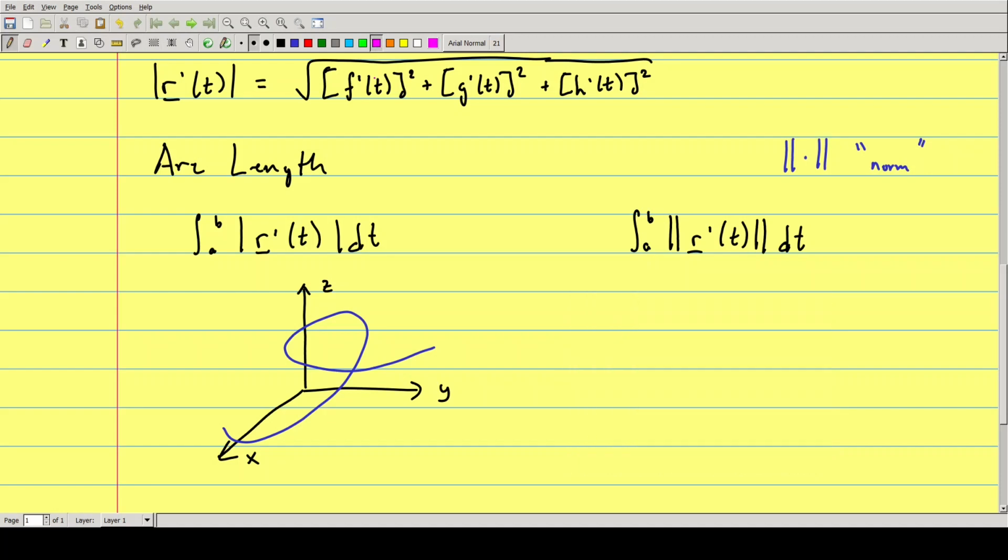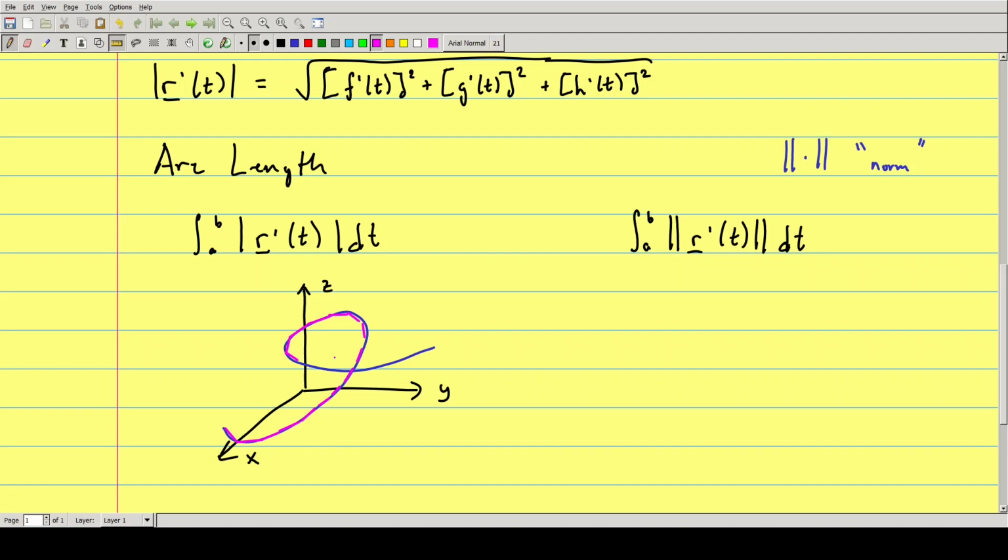And the way that the integral construction works for this is that we are thinking about breaking this up into little line segments along the curve here from point to point. I'm not going to draw all those.